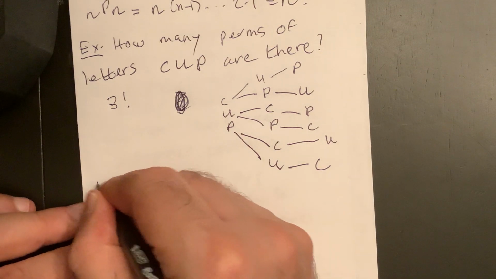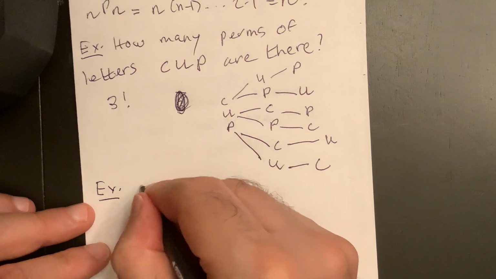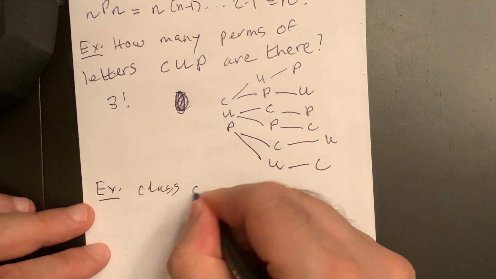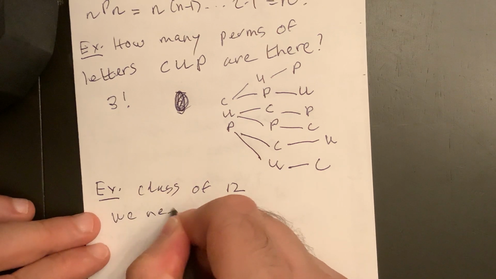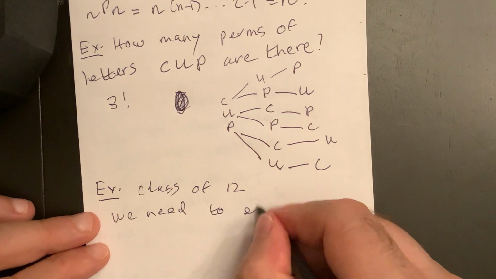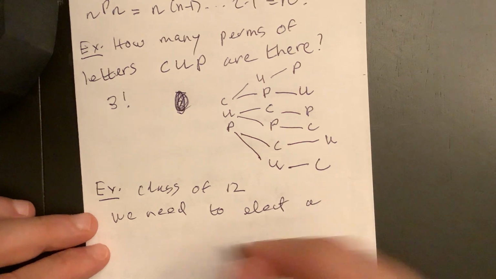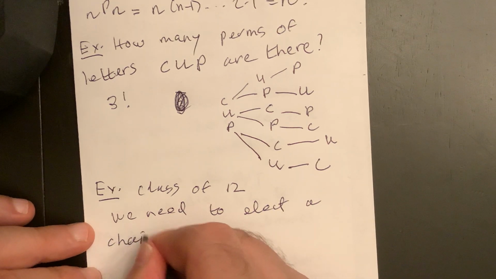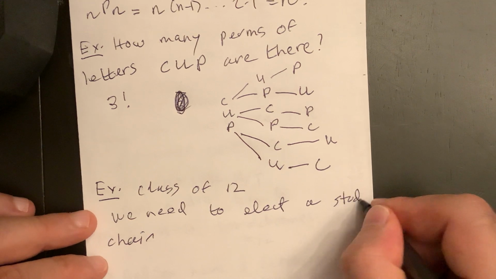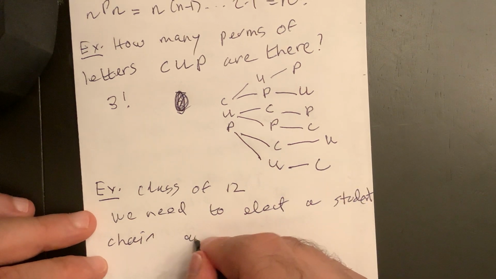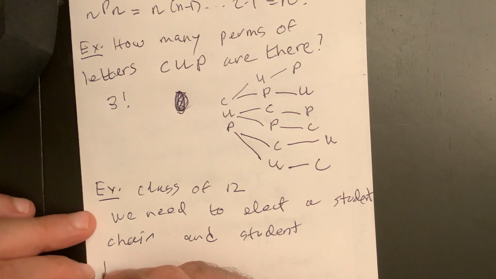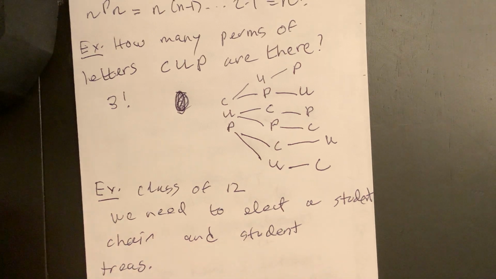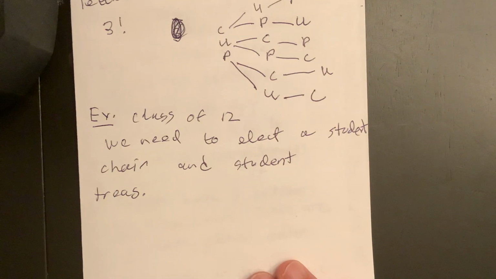Suppose, for example, I have a class of, say, 12, and we need to elect a student chair and a student treasurer. Well then, how many possibilities are there for the chair? 12, right?